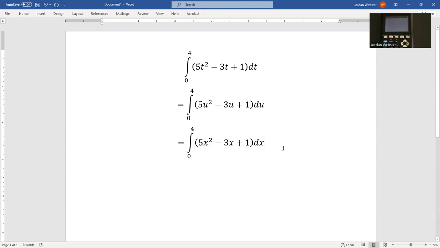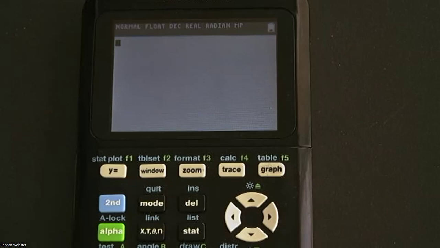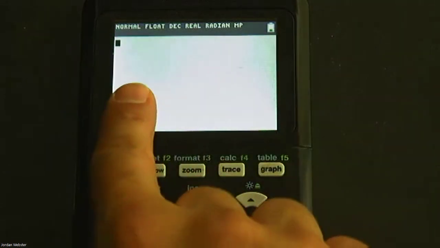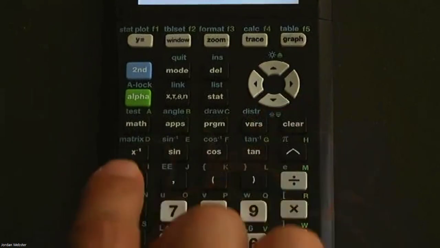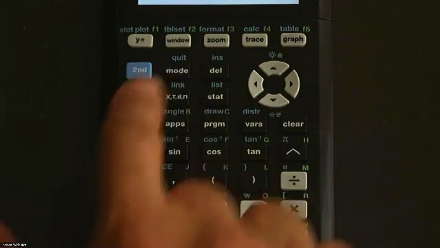So if I want to just utilize the normal function mode, what I can do is turn to my calculator. I'm in function mode right now.